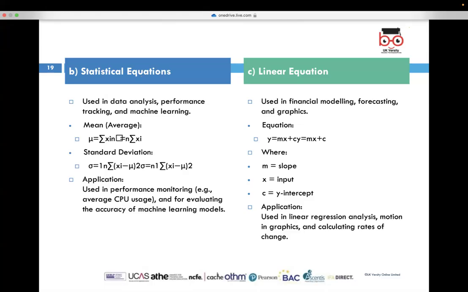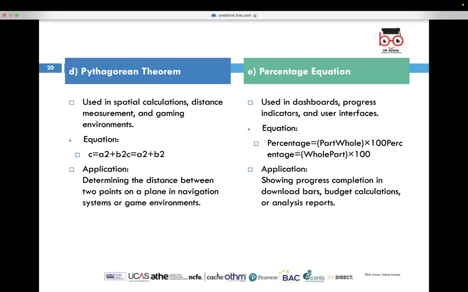The equation is y equals mx plus c, where m is the slope, x is the input, and c is the y-intercept. Application is used in linear regression analysis, motion in graphics, and calculating rates of change. Pythagoras theorem is used in spatial calculations, distance measurement, and gaming environments.